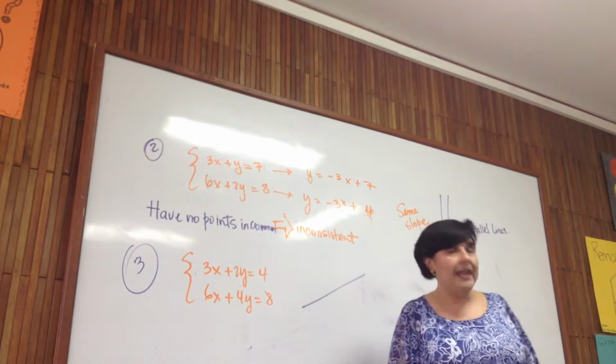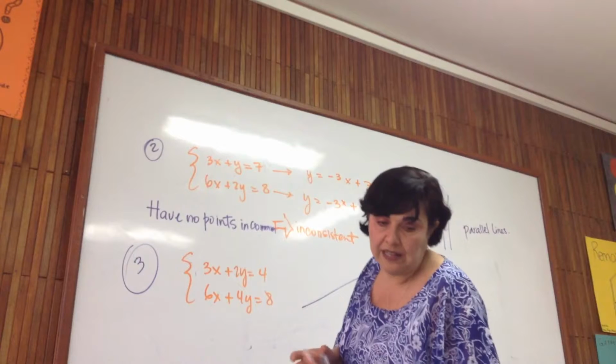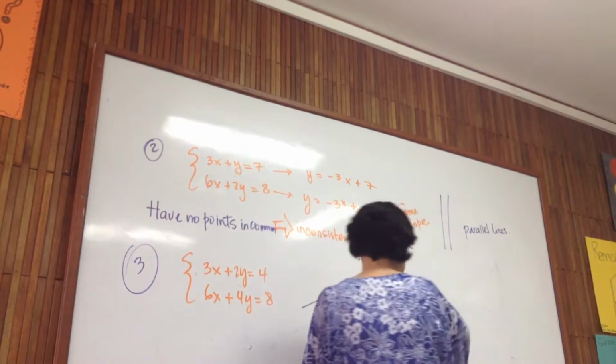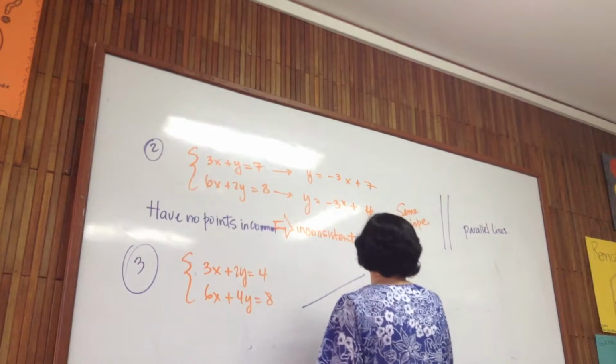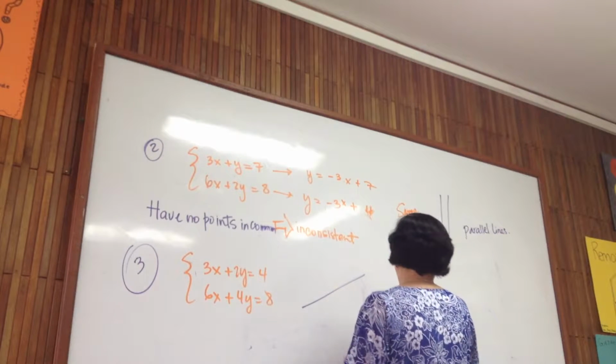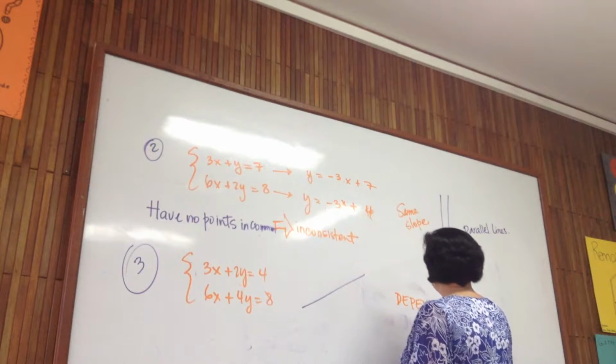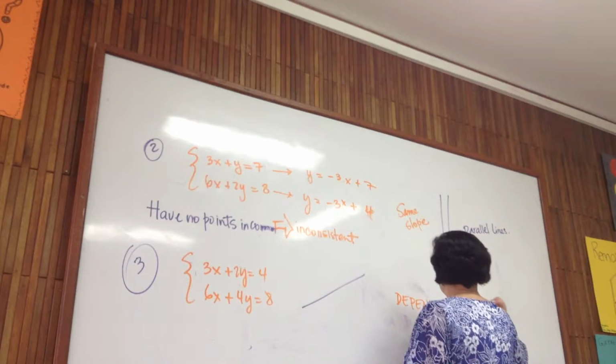Would you agree? These lines, where the equations are the same thing, it's the same line, are called dependent lines. Why do you think they're called dependent lines?